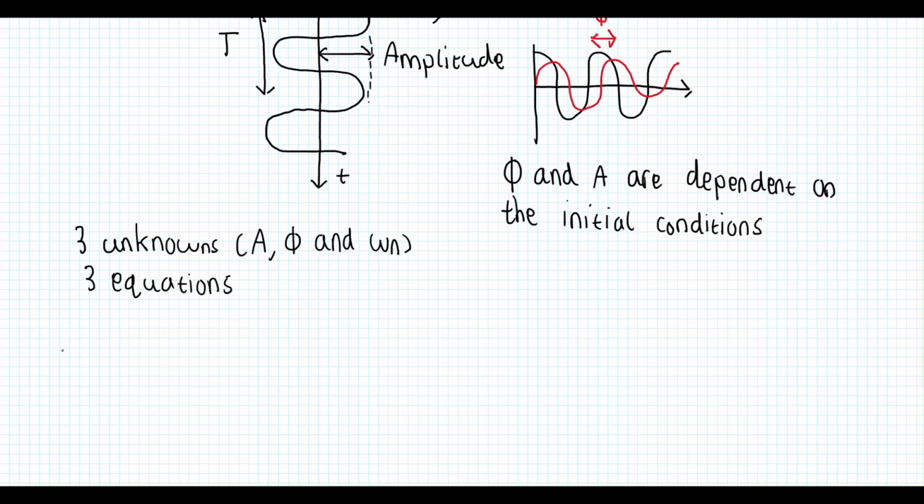Now let's take a look at the first equation that we're going to use to solve for our unknowns. That's just the equation of motion of the pendulum, which is the double derivative of theta plus g over L times theta is equal to 0. We also know now that theta is a function of time and is equal to A sine omega n t plus phi.